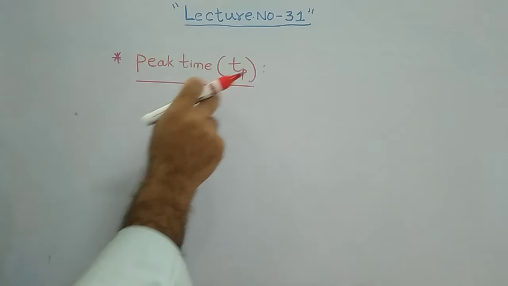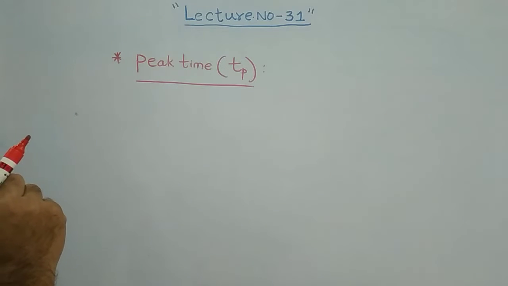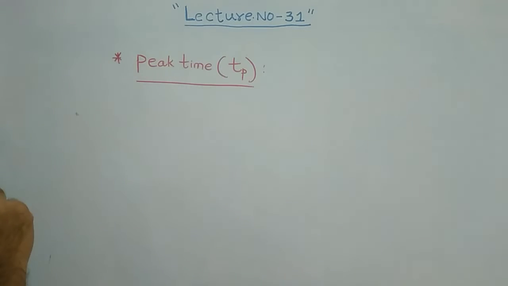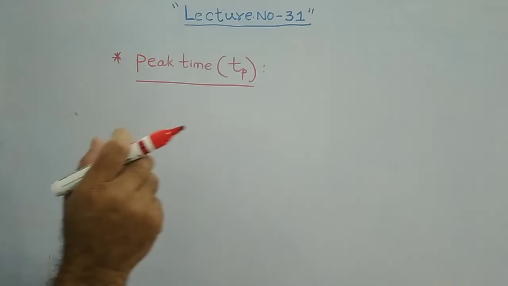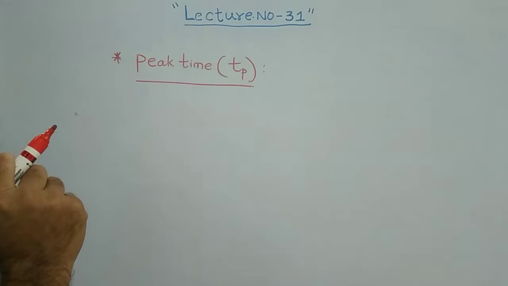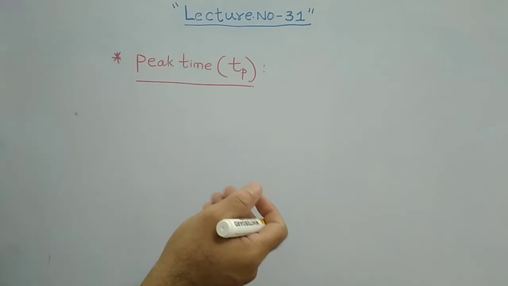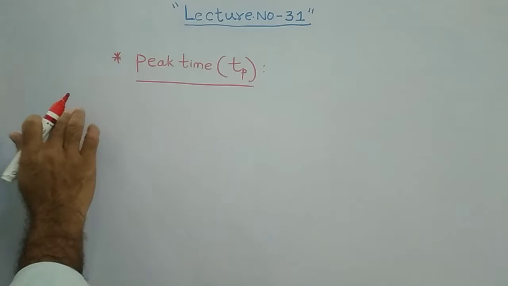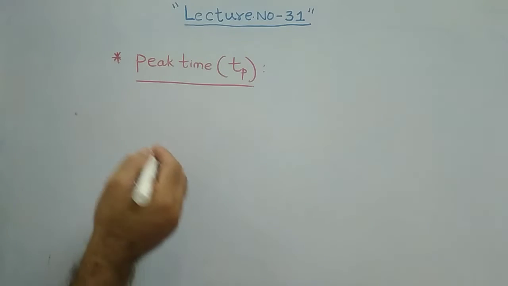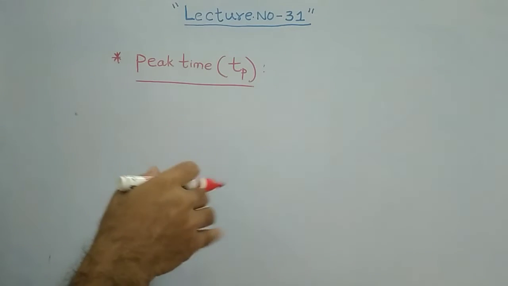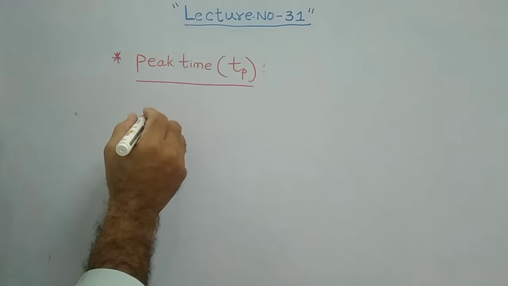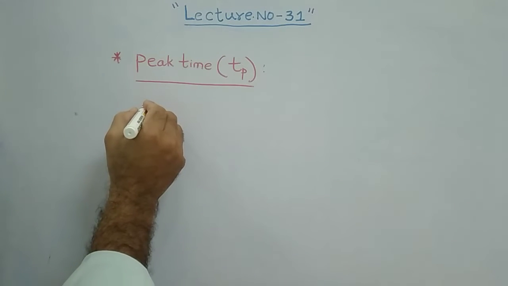In order to find the expression for the peak time TP, we have to do a small mathematical calculation. I think you remember the response of a second order system.